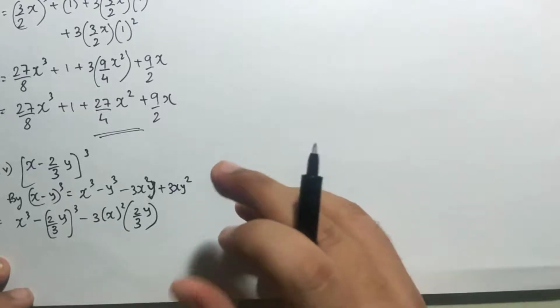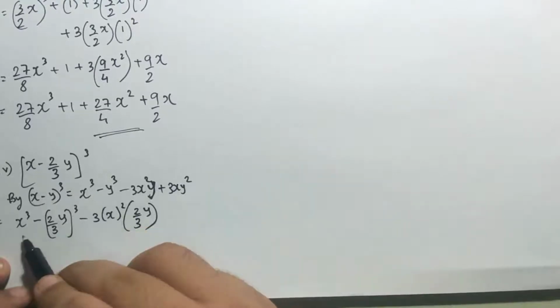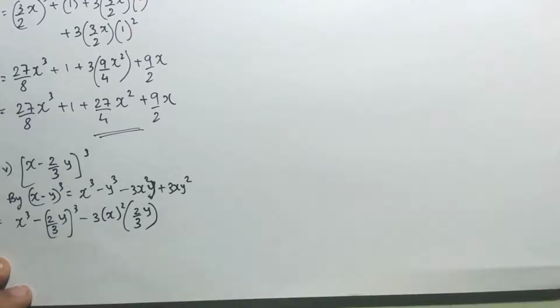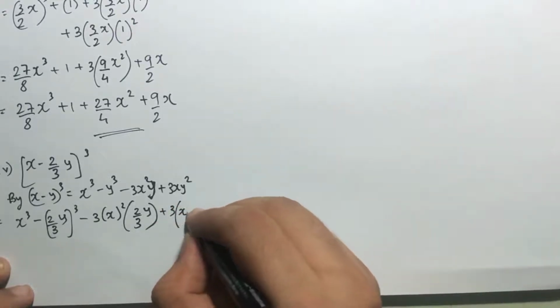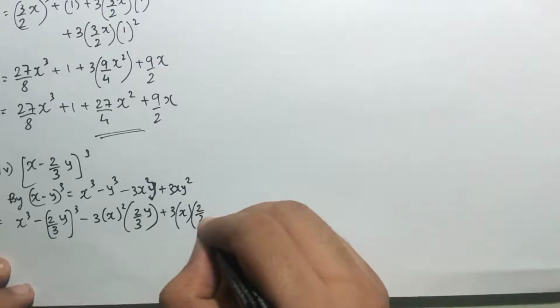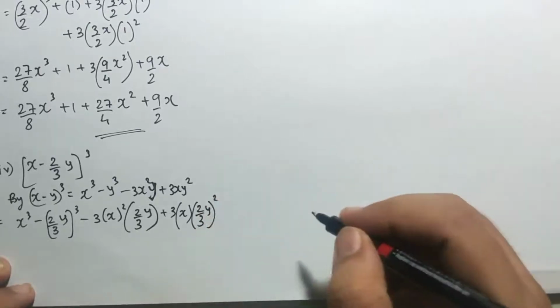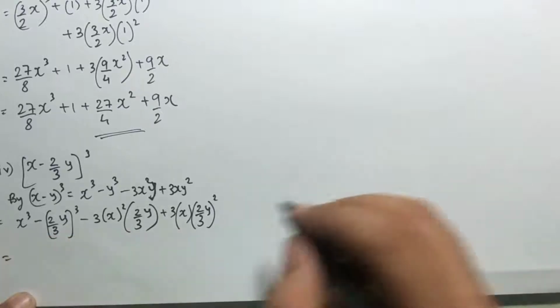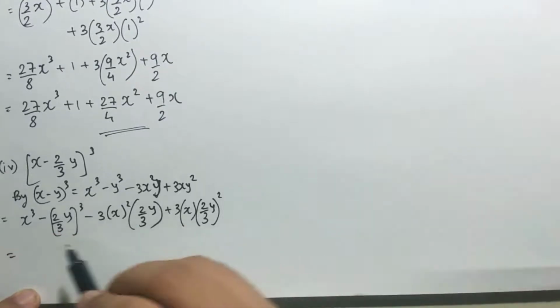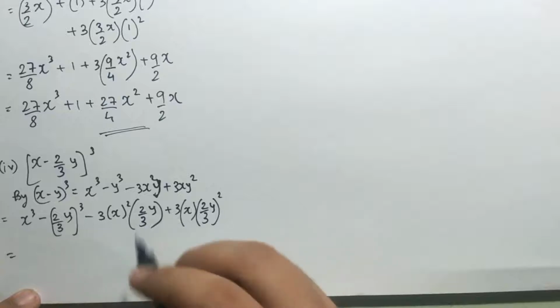Don't consider the negative sign now because that negative sign is already taken in the identity. Plus 3 multiplied by the first term, that is x, into the square of the second term, that is (2 by 3y) square. Don't consider the negative sign. I'm repeating it: you have already considered that negative sign.